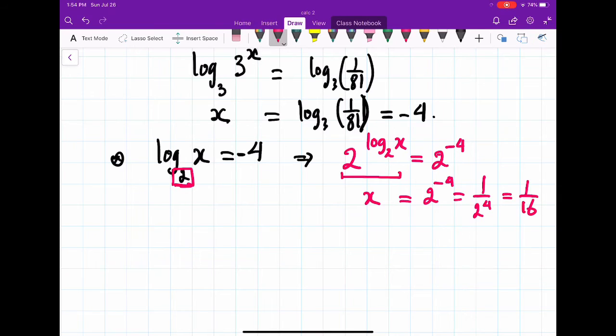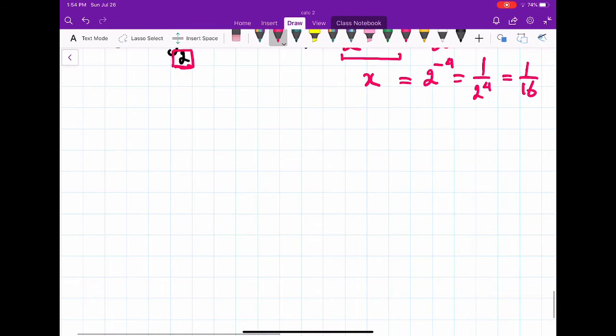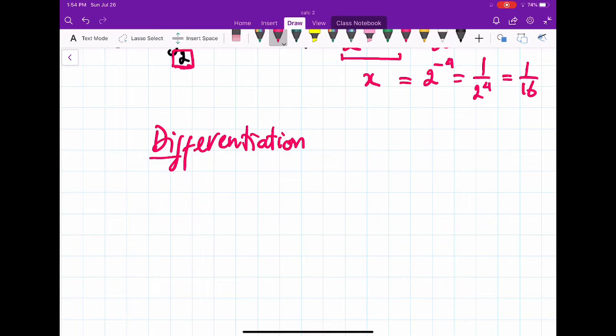Okay, now let's talk about differentiation and integration of such functions. Let's talk about differentiation first. Again, from the definition of logarithmic functions and exponential functions, we have the following formulas.